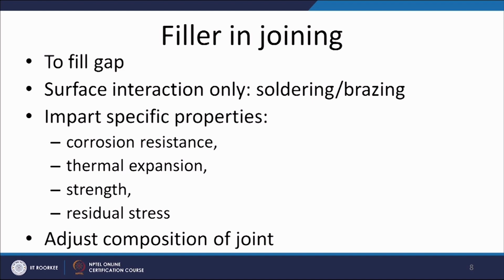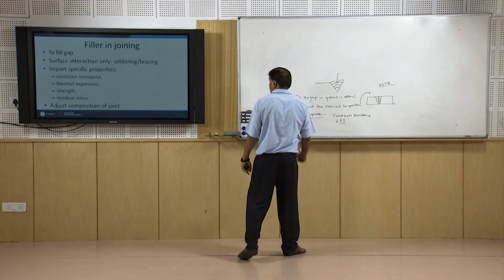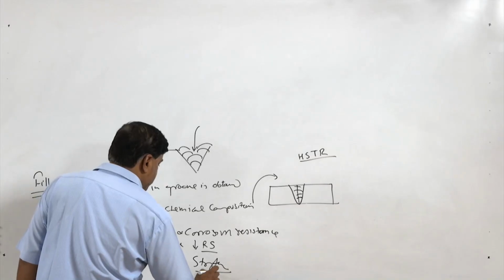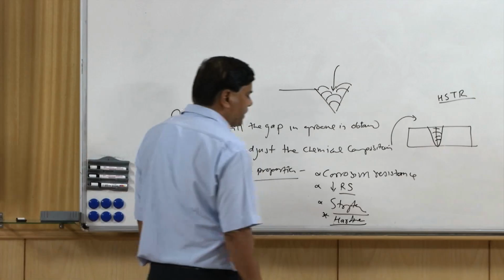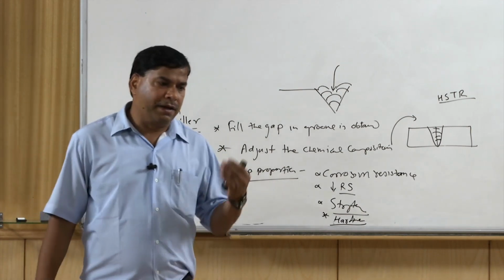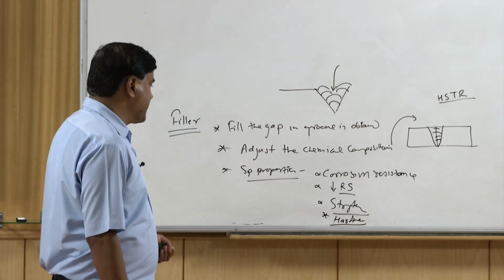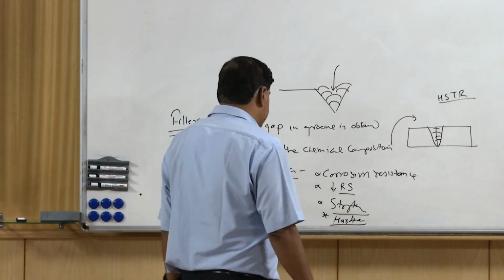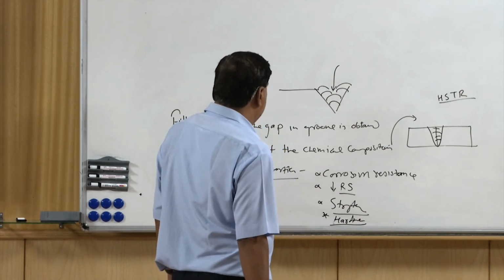So, improving the corrosion resistance, reducing the residual stresses, and having the desired combination of strength. Sometimes the filler metal is selected to have much higher strength or much higher hardness, for example for wear resistance applications where the weld can erode. So, the high hardness filler metal is added, which will help in improving the wear resistance.